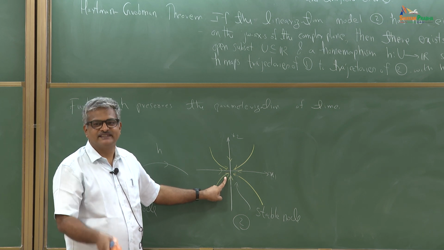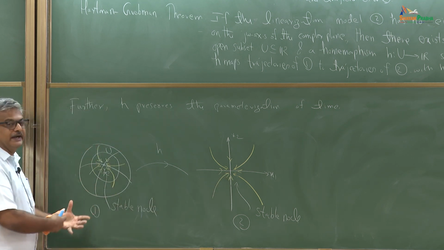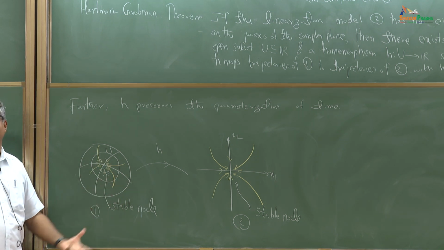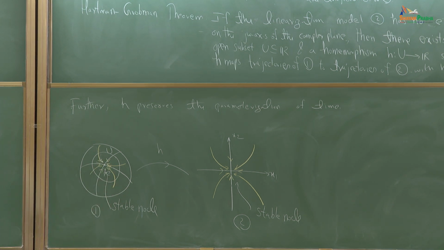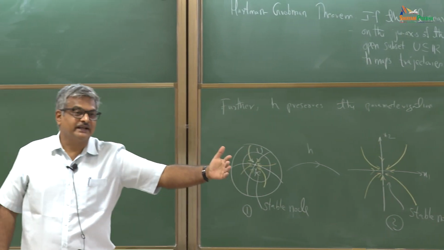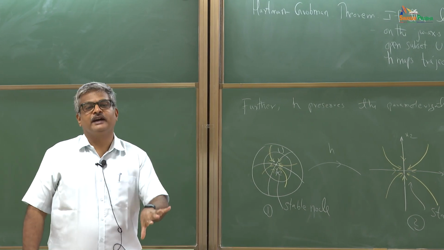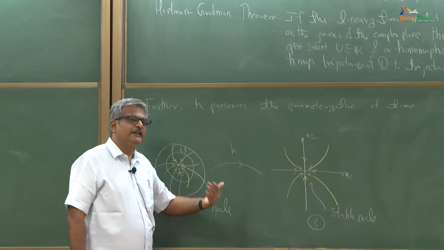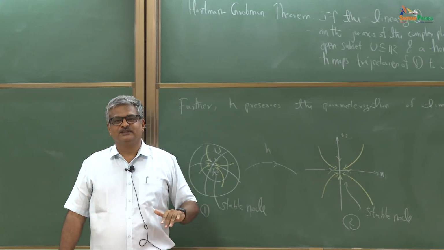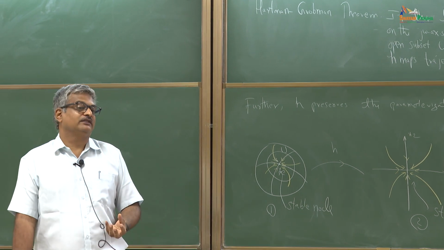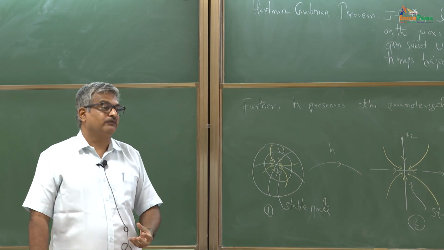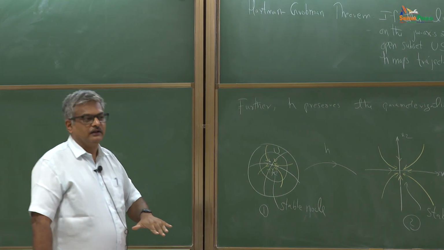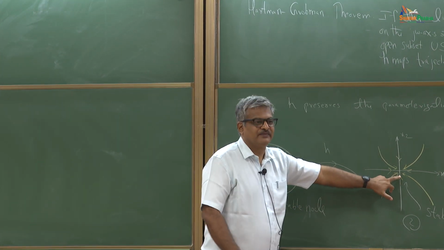If it is a center, you cannot comment anything about the local behavior of the trajectories for the nonlinear system. That means the higher order terms which you neglected in the Taylor expansion play a role. For all the other cases, it is okay to neglect the higher order terms to infer the local behavior of the equilibrium point for the nonlinear system. But the whole thing breaks down when you have a center.